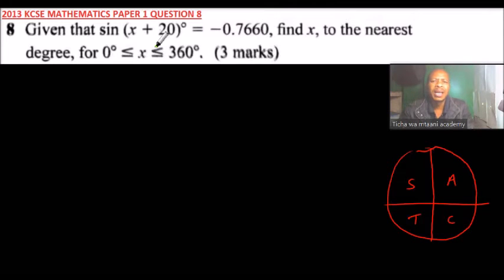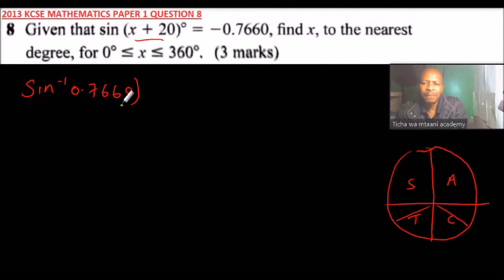So it means this angle here lies in this quadrant and in this quadrant because it is negative. So the first thing we need to do is to find what is the sine inverse of 0.7660, so that we'll be able to get these angles in the third and fourth quadrant.